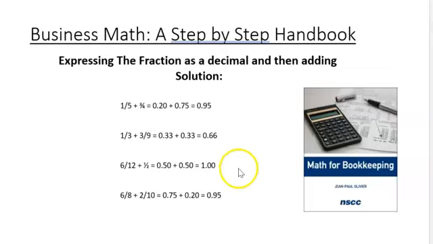Then we have our 6/12 plus 1/2, again 6 divided by 12 plus 1 divided by 2 gives us 0.5 plus 0.5 gives us 1, or a whole pizza. And then we have 6/8 plus 2/10. 6 divided by 8 is 0.75. 2 divided by 10 gives us 0.2. And that again gives us 0.95.